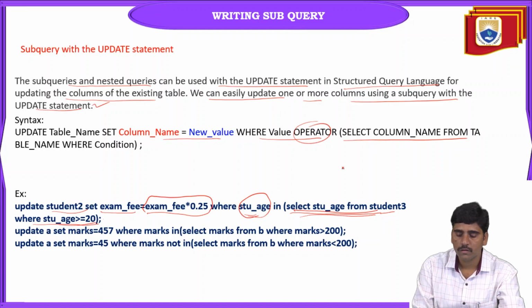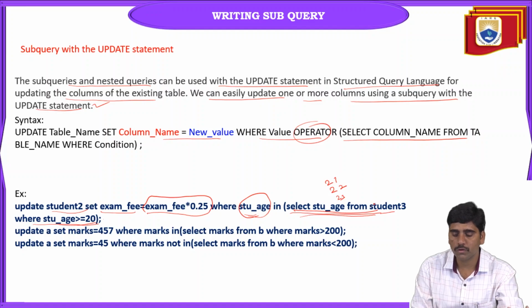So here, the details of whoever has an age greater than 20 will be displayed, like 21, 22, 23.